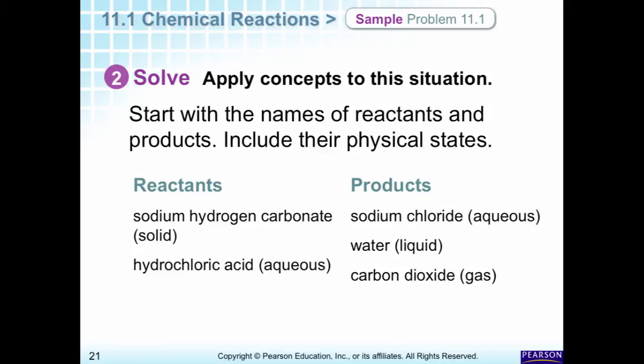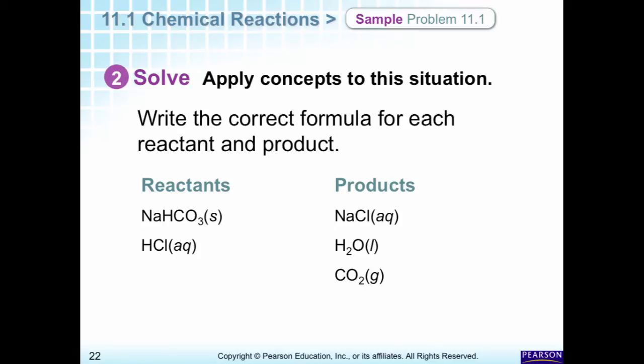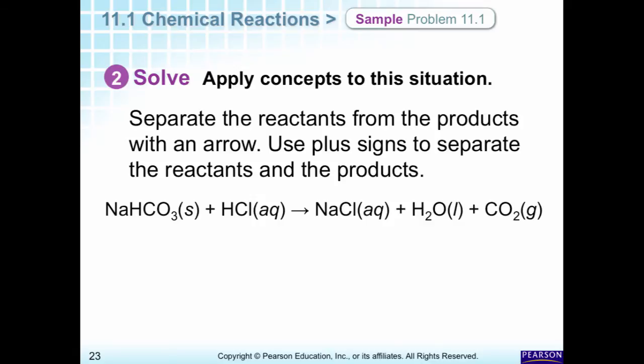Then we've got sodium chloride, water, and carbon dioxide. That's kind of what I did with the word equation. Now we change those into formulas. Reactants: sodium bicarbonate, solid; HCl, aqueous. Products: sodium chloride, aqueous; water, liquid; CO2, gas. Okay, now we're ready to put them into equation form.